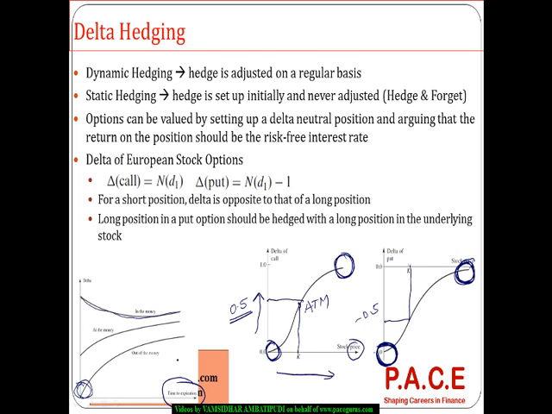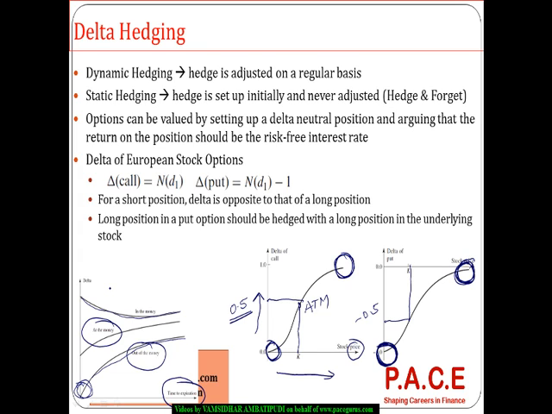But if there is a lot of time to expiry, there is a chance that the option can come into the money. So the higher the time to maturity, the delta of the call option increases, both for out of the money as well as at the money options. Whereas in the money, it is falling, because as time to maturity increases, there is a good chance that the stock price will fall.